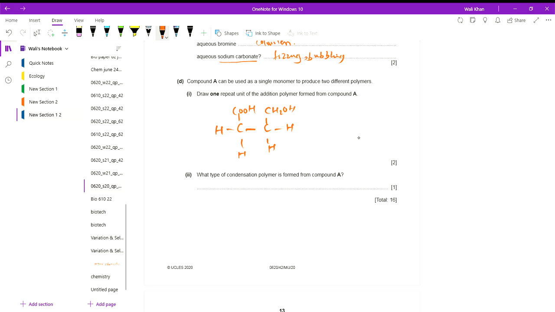These are combined to make the polymer. What type of condensation polymer is formed from compound A? So this is the polyester.